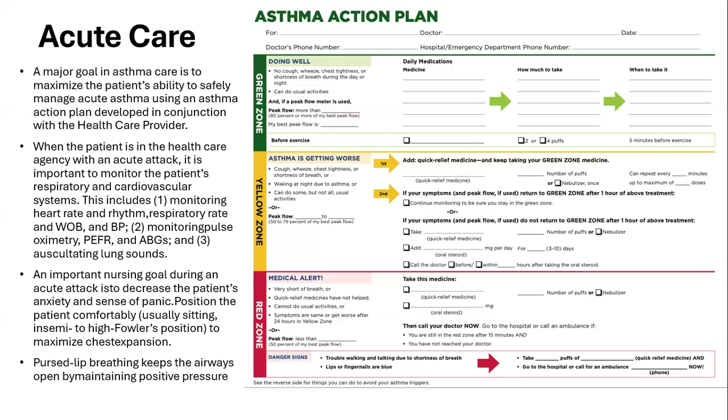And if it does not really improve, then it goes into the red zone, which is the medical alert that needs more attention and an immediate response to go to the hospital. It is really important for the patient to have an asthma action plan to maintain their asthma while the patient is at home.